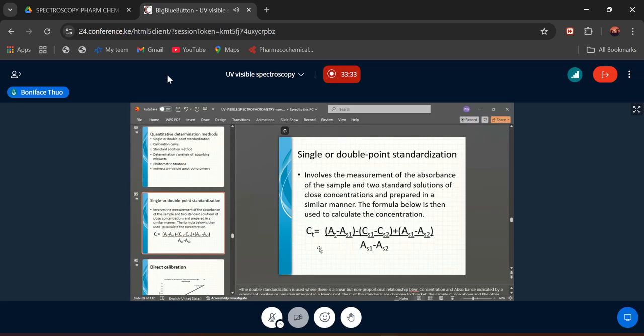So this relates the concentration of the sample to that of the standard.